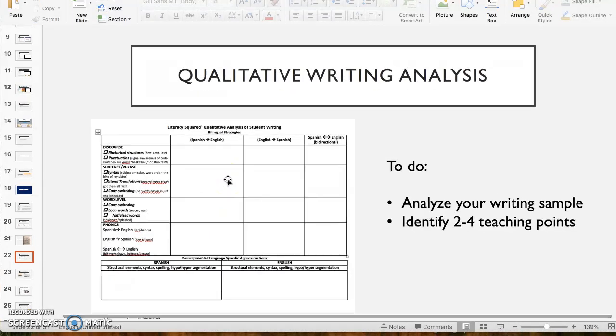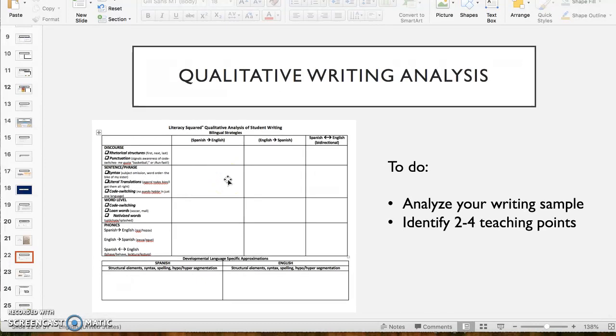So on Moodle, you have this qualitative analysis of student writing, and I want you to open up those writing documents and look for a first grade writing sample and a fifth grade writing sample. And you're going to analyze either one of them, and we want to start thinking about the discourse, the sentences, the word level, the phonics, and what students can do as bilingual learners as opposed to what you can do developmentally at a given stage.